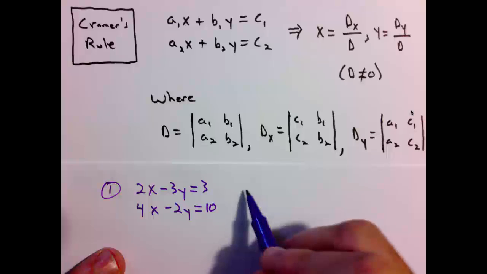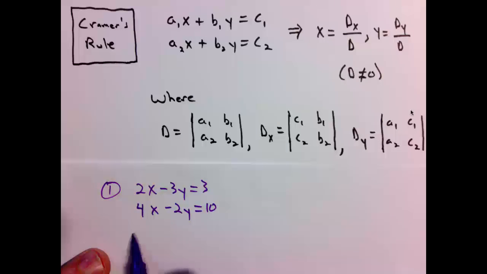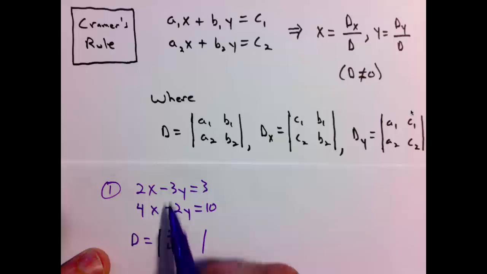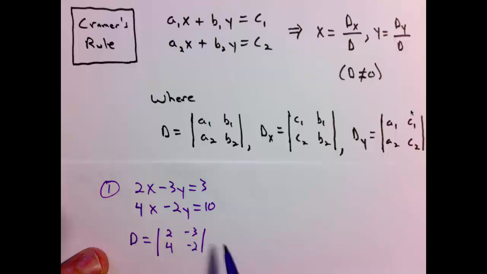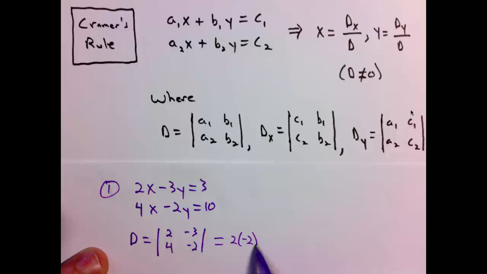So d equals the determinant of my coefficients. 2 and 4 in this column, negative 3, negative 2 in this column. Our determinant is multiplying these two together, 2 times negative 2, and subtracting these two multiplied together, 4 times negative 3.